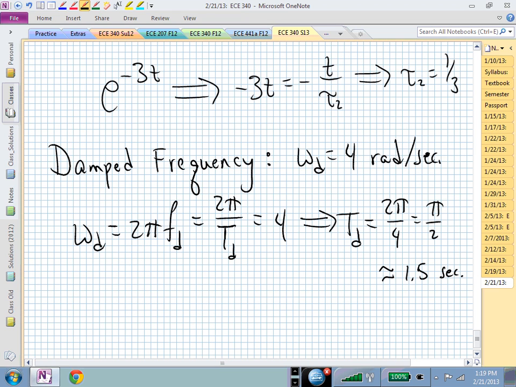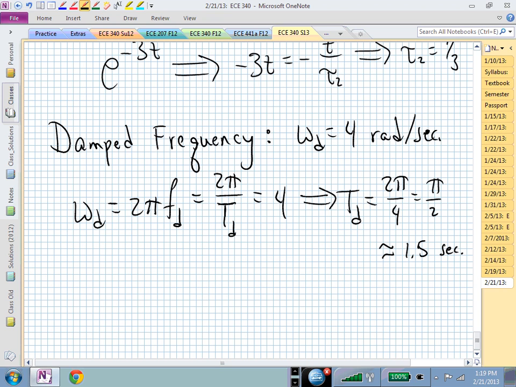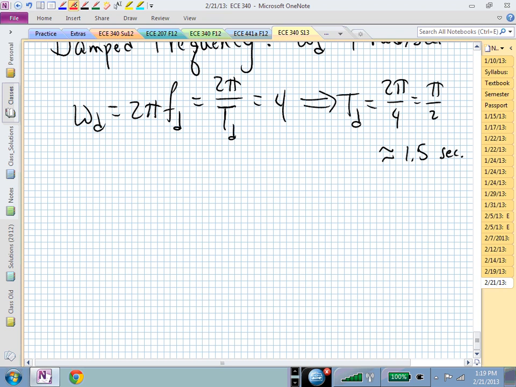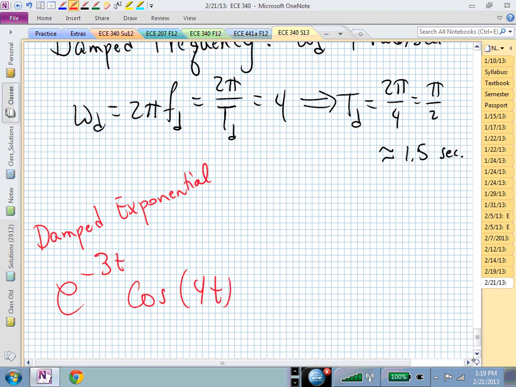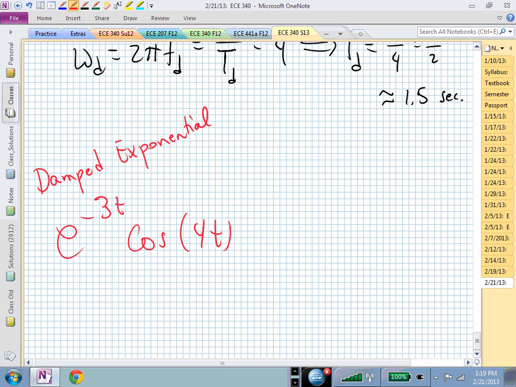And we also know how quickly the damping is going to happen. Let's just look at a damped exponential, meaning we have two things going on. We have in this example e to the minus 3t in one case times cosine of 4t.